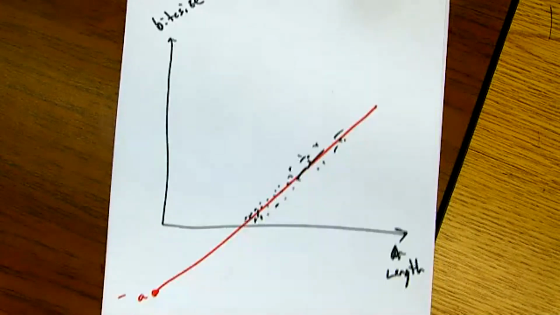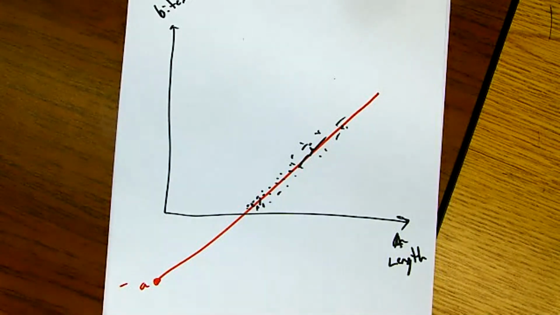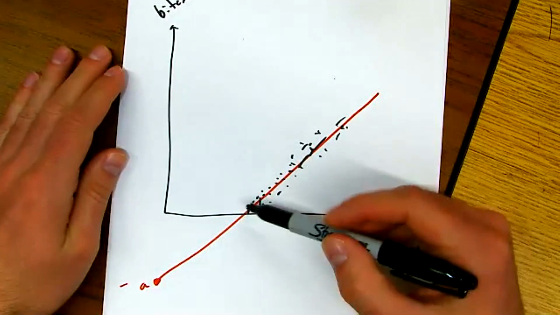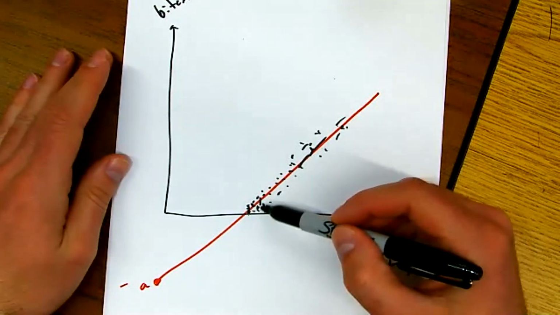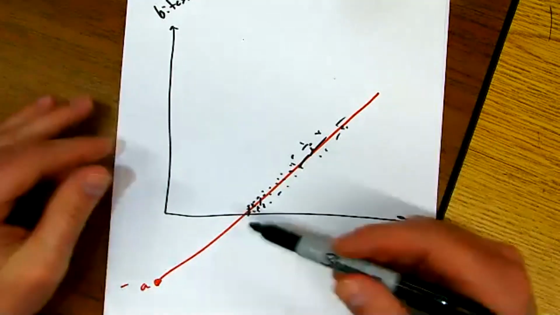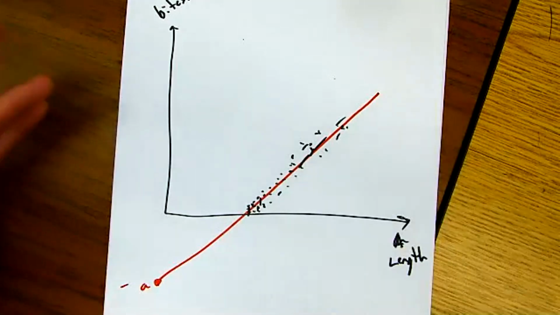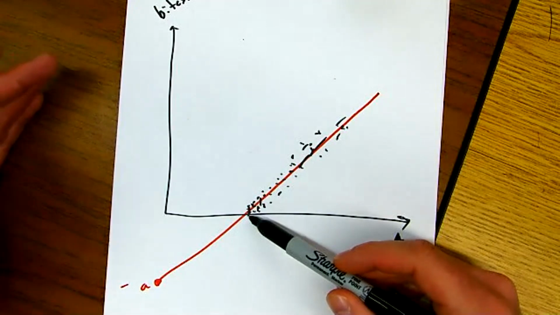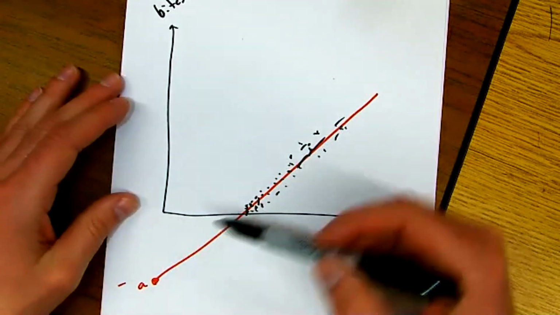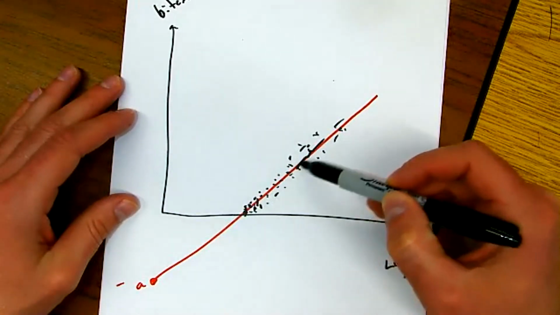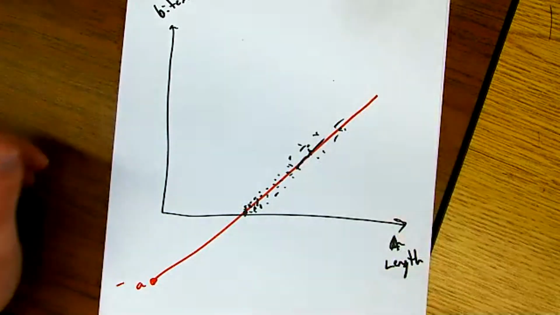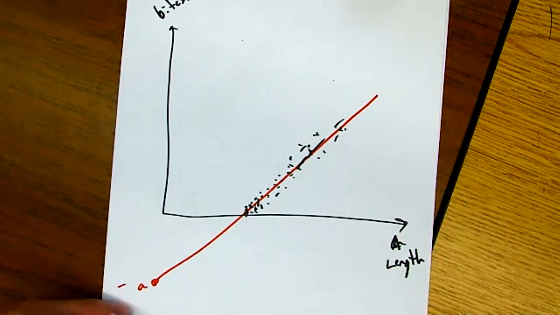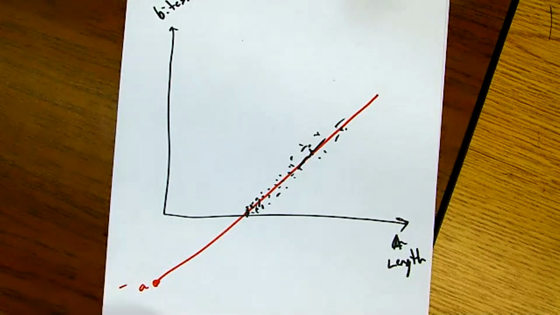Well, that's okay, because when we go to make predictions, we're never going to be putting in the length of a shark that's anything smaller than whatever this would end up being, 4 or 5. I don't know what the smallest value would be. But we're never going to be putting in a value in this range. So we're only ever going to be getting positive bite size predictions, right? But that interpretation of the intercept, we still leave the same, right? Even if it's a scenario that we actually couldn't see in practice.